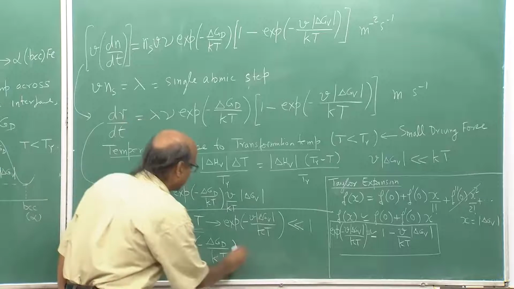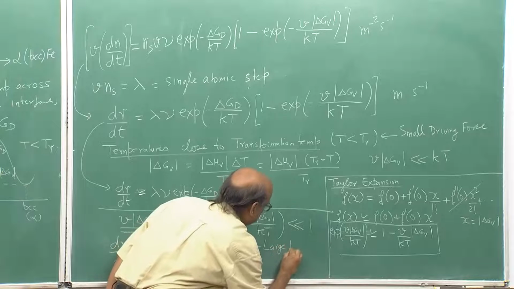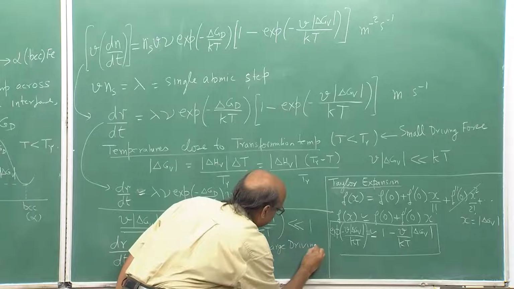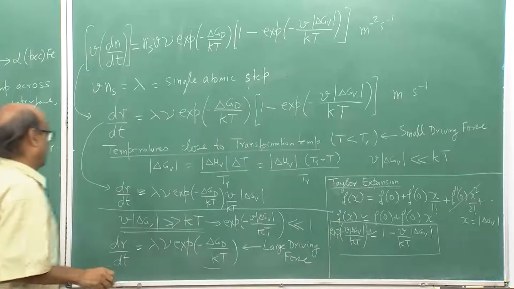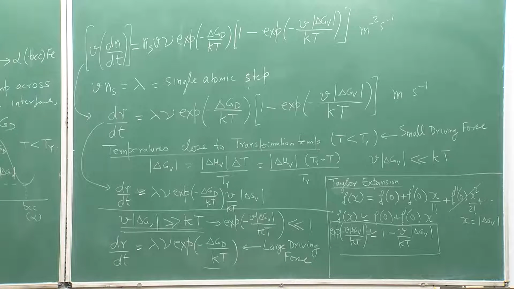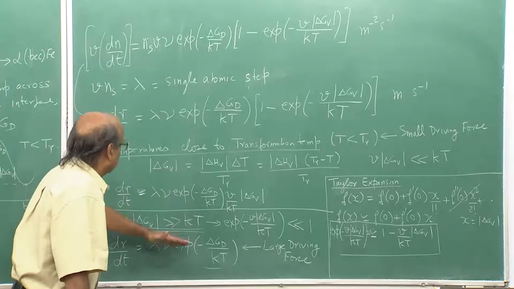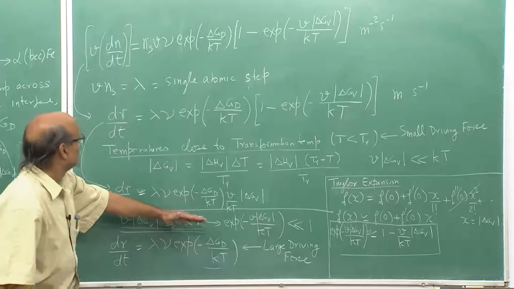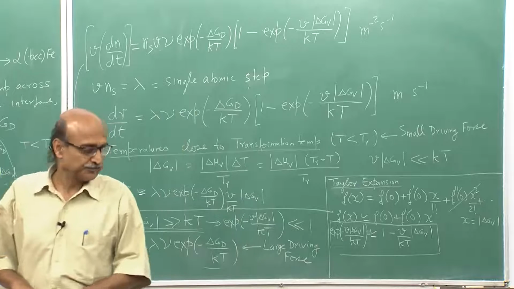This is the situation for large driving force. And of course, in between there will be a whole range of growth rates, which would simply be given by this expression.